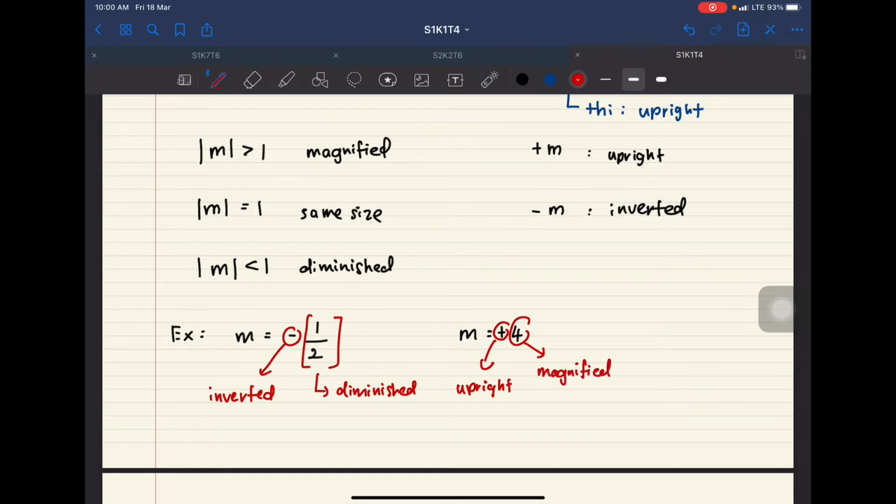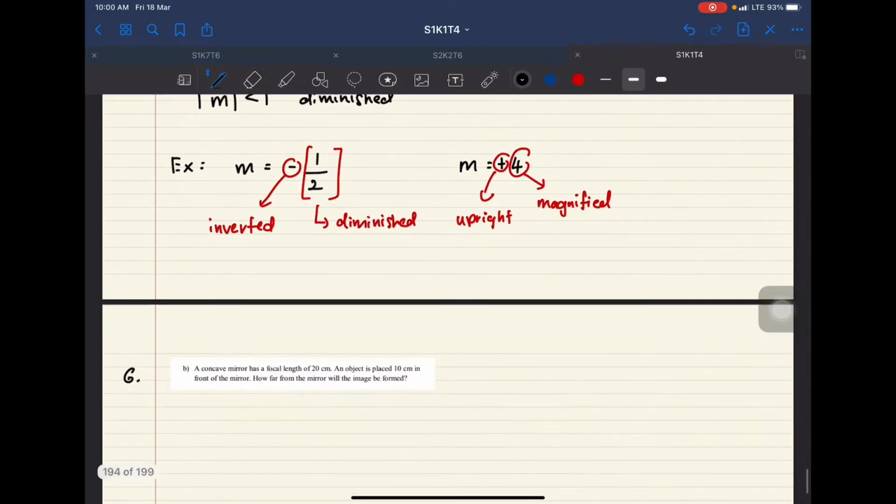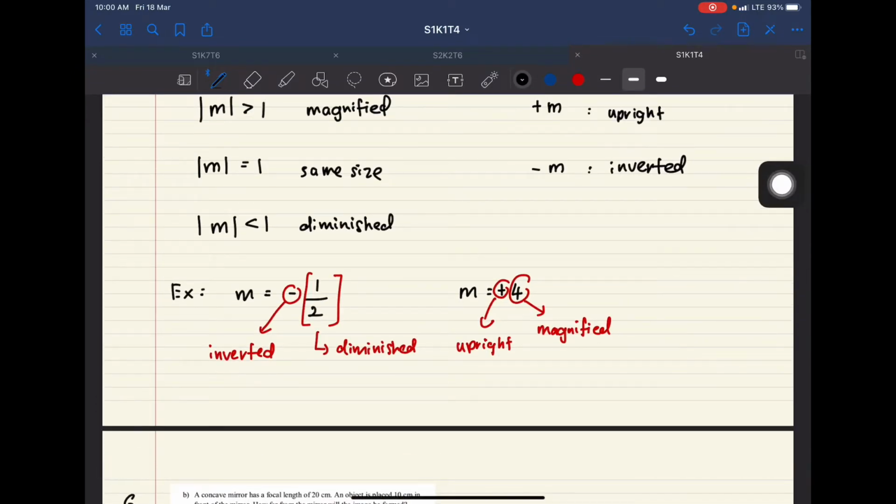Okay, and then I'll give you another example. Let's say m is equal to negative 2. So again, you treat this one separately. The negative here means it is inverted.